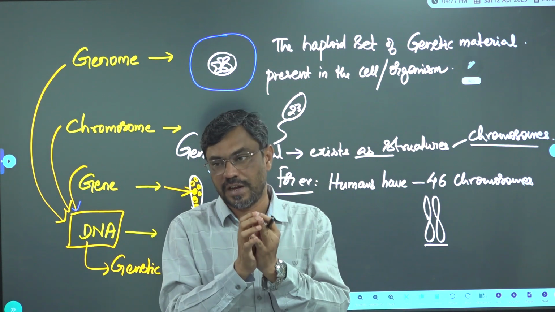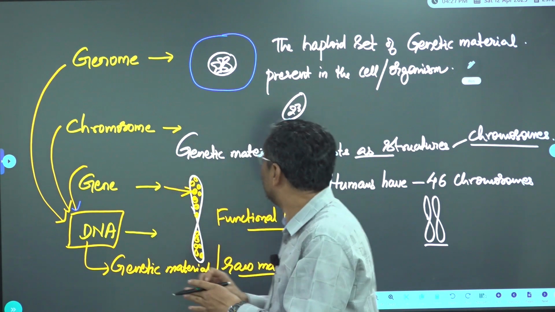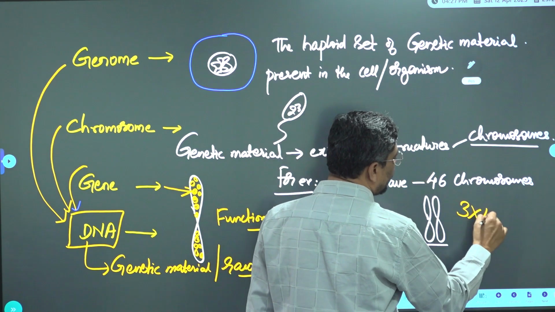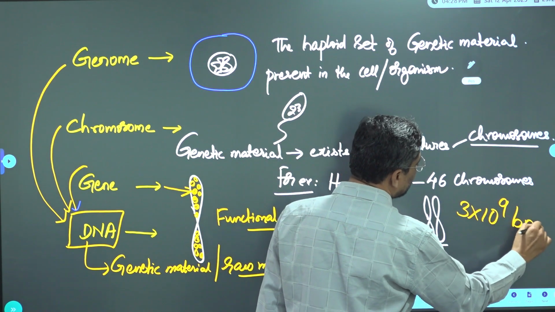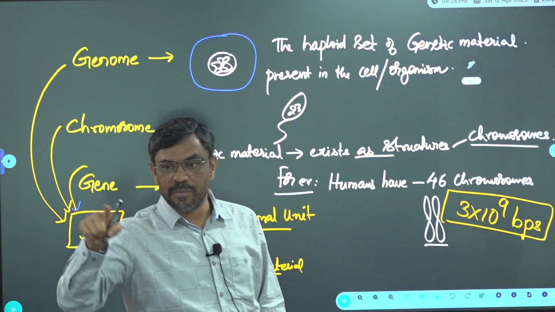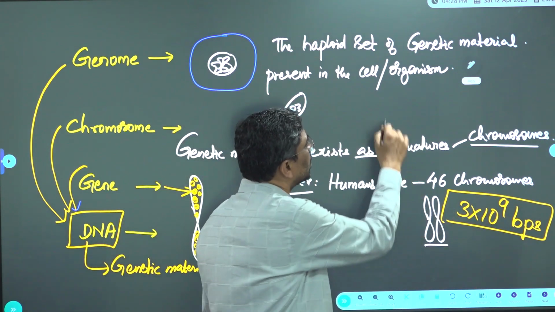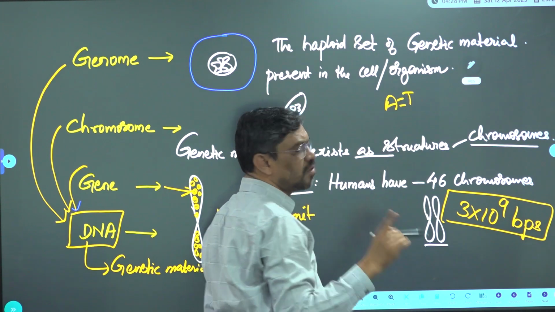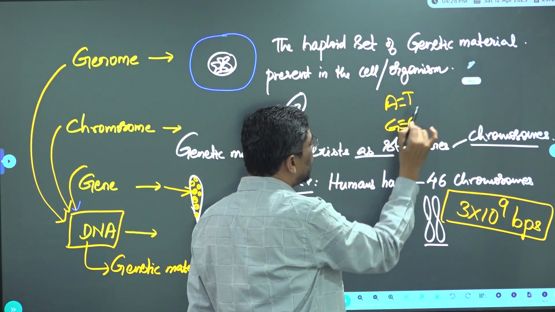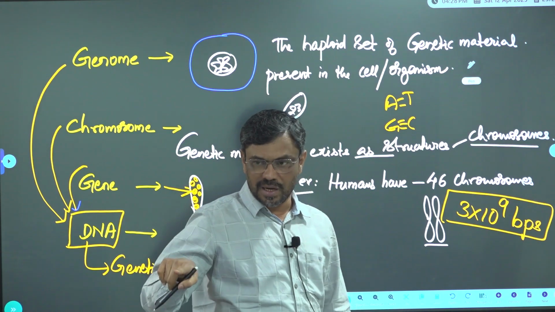quantity of the DNA. If you consider the genome of human beings, it is 3 into 10 power 9 base pairs. So the size of the genome is measured in base pairs. Base pair means adenine pairs with thymine; this is one base pair. Guanine pairs with cytosine by 3 bonds; this is another pair.